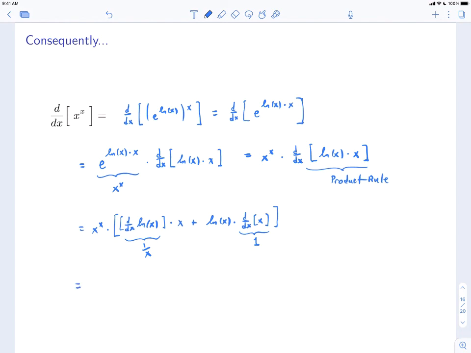So we end up with x to the x times 1 over x times x plus ln of x times 1. And we can simplify this. We'll have x to the x times 1 over x times x. That's just going to give us a 1. So we'll end up with 1 plus ln of x times 1 is just ln of x. And there's our answer. So even a function as strange as x to the x, we can now differentiate now that we know the chain rule.